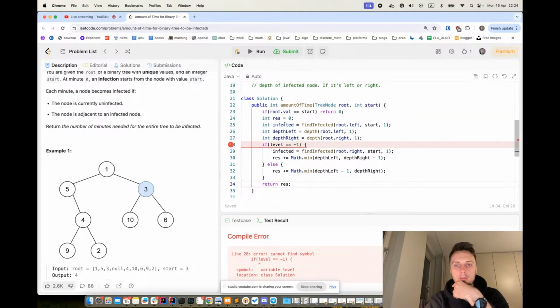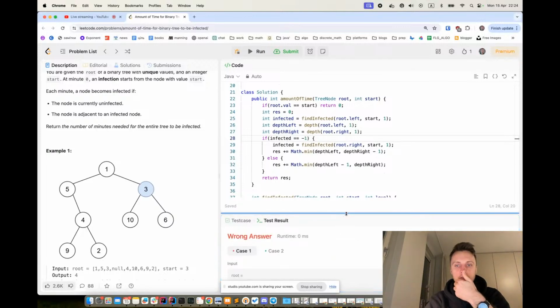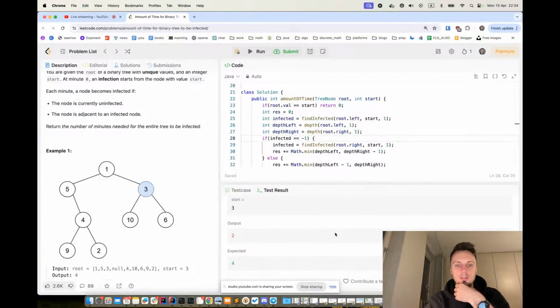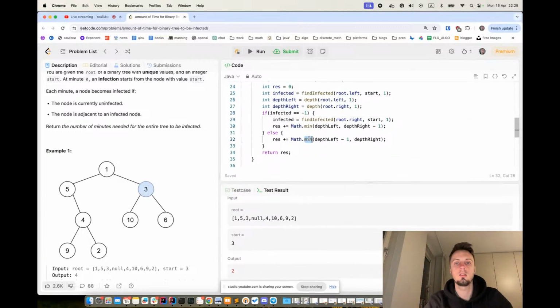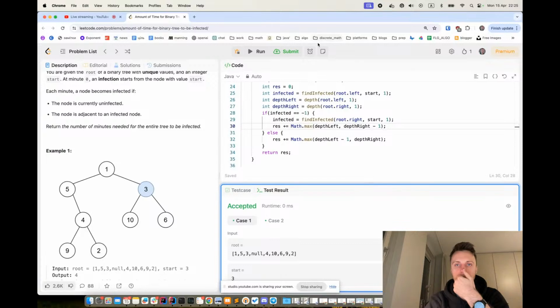Okay, level, infected, let's see. Okay, so we have a wrong answer. Output is 2. Yeah, maybe maximum.